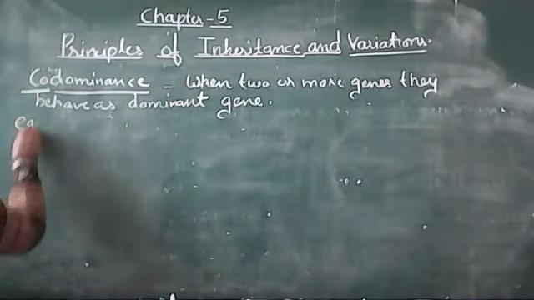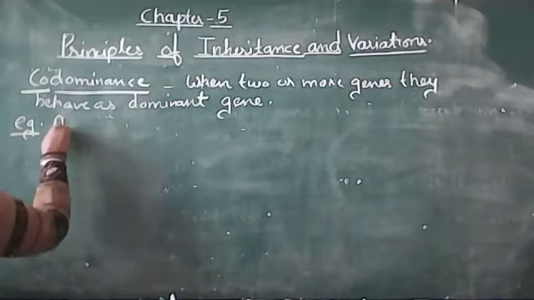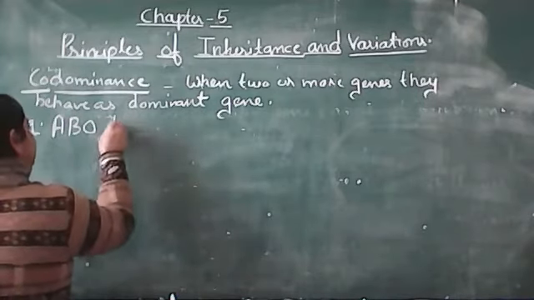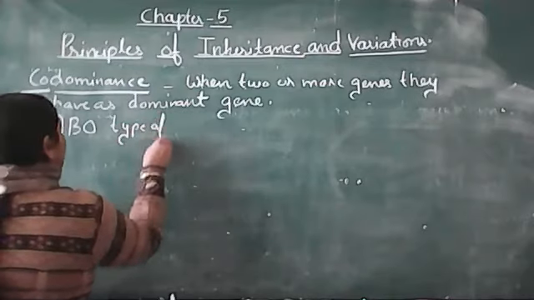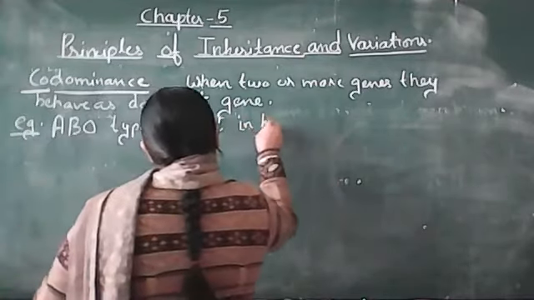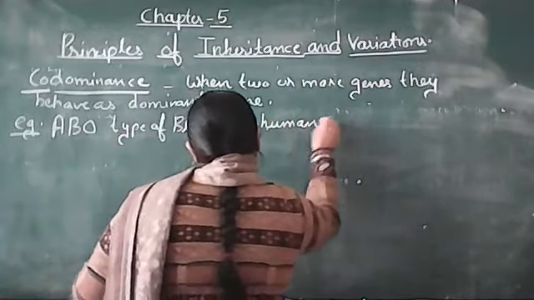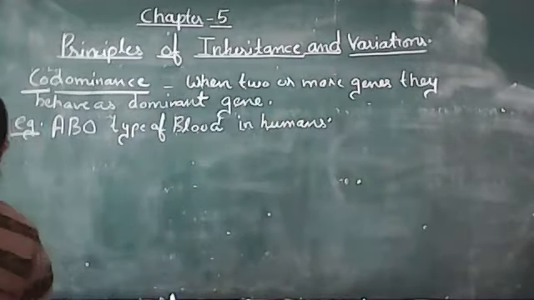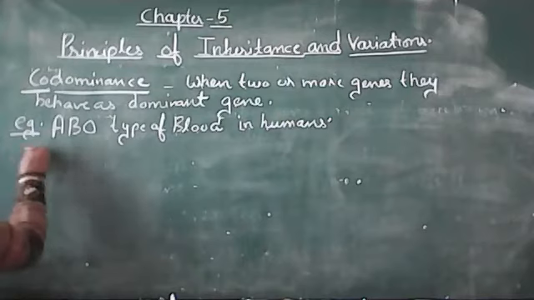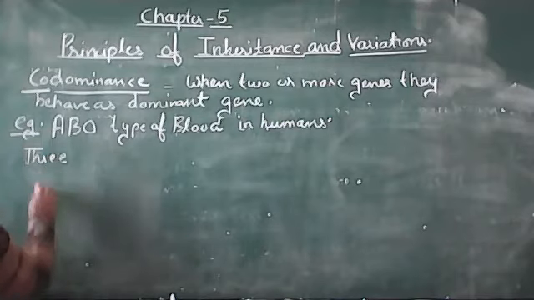So the common example of codominance is the ABO blood group, the ABO type of blood in humans. This phenotypic character of the blood is controlled by how many genes, how many alleles here?